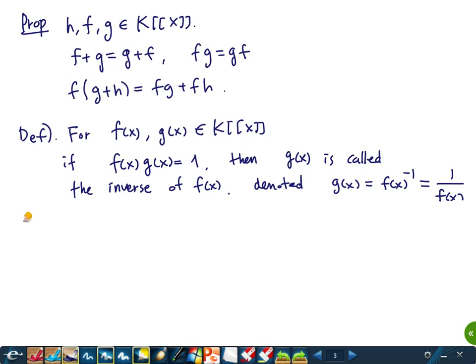An example. This is one of the most famous series, I think. Easy but very important. Geometric series. This can be proved using just our definitions. What does this mean? Let's prove this. What's the meaning of this? You have to understand the meaning.